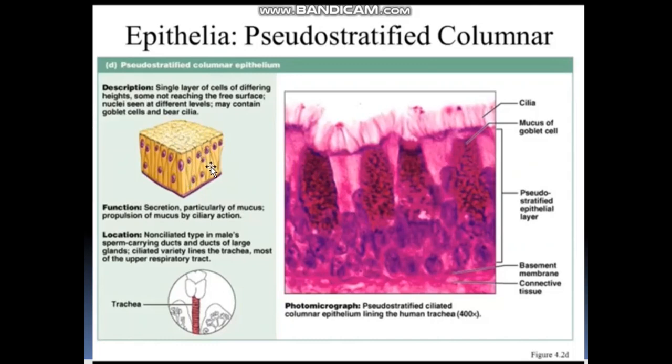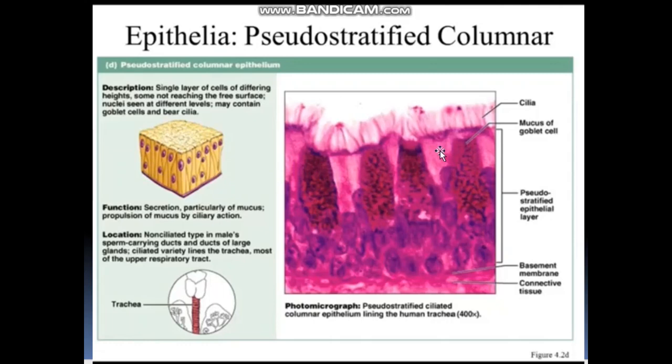That's why the nuclei are located at different levels. Some cells will have a broad base, broad apex, and narrow base. Others will have a broad base and narrow apex. That's why they are not the same in shape, and they form different levels of nuclei, which gives us the impression of stratified epithelia.